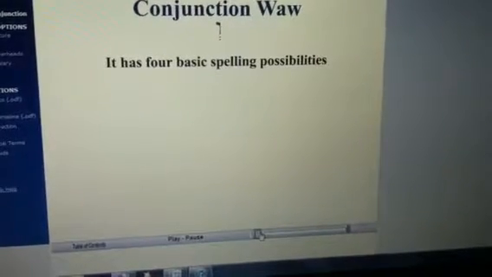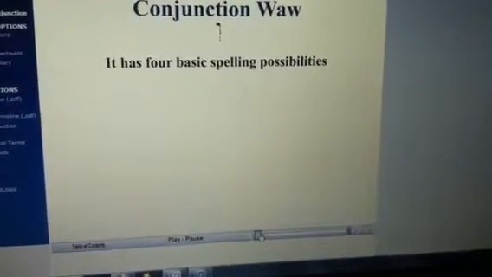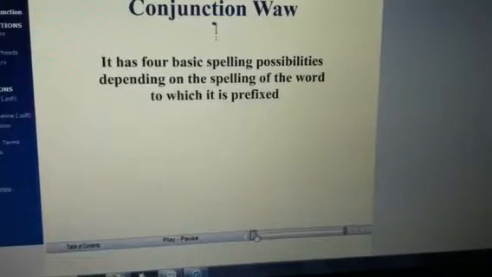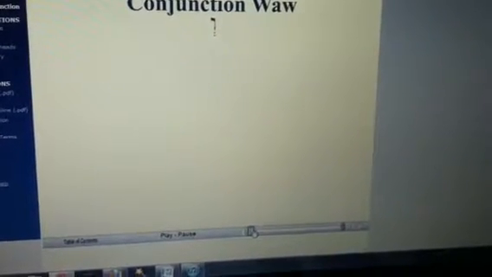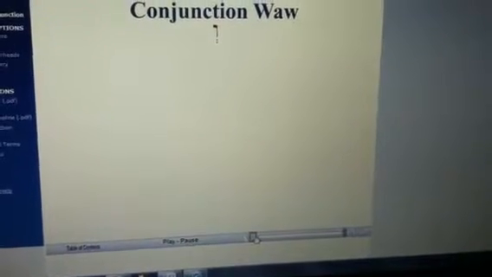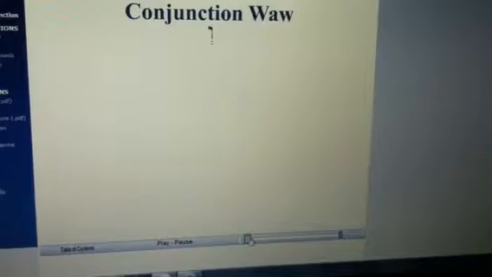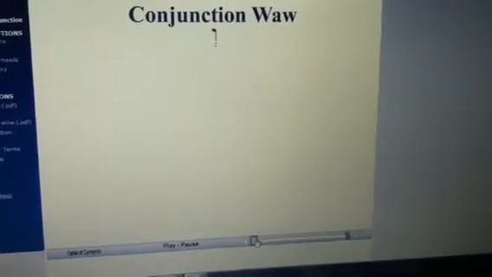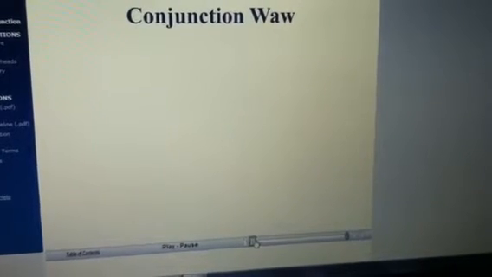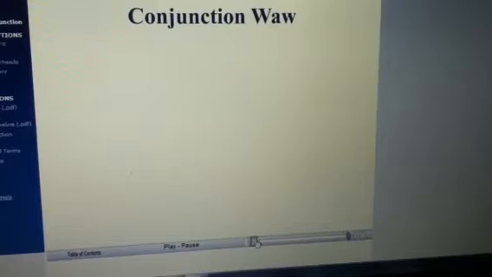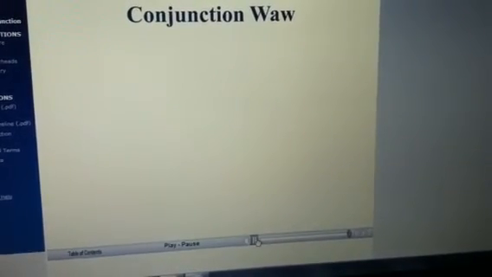It has four basic spelling possibilities, depending on the spelling of the word to which it is prefixed. The remaining handouts for this chapter, 5G through 5K, will study these basic spelling possibilities. We begin with handout 5G. This is section 5.7.1 in the grammar.